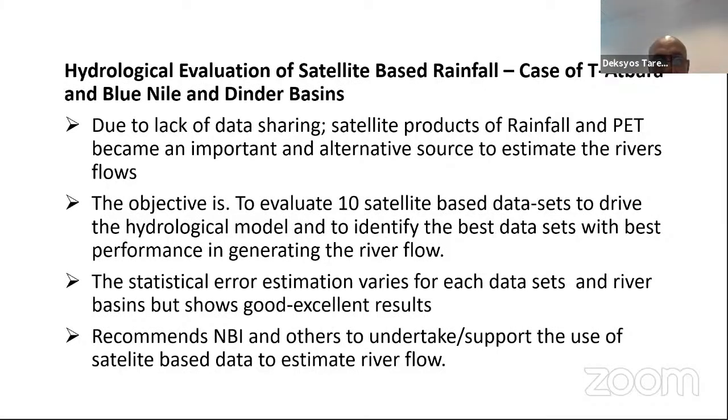And based on 10 satellite-based rainfall data and PET data sets, calibration and validation have been done on the 3 rivers, and in general, the total result shows that application of the satellite-based rainfall and PET data really could give a very good estimation of river flows, especially when there is a lack of data sharing among the countries. Application of such systems is really very good, and it's recommended.